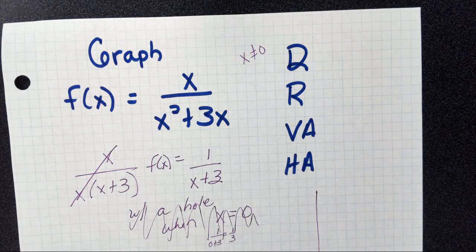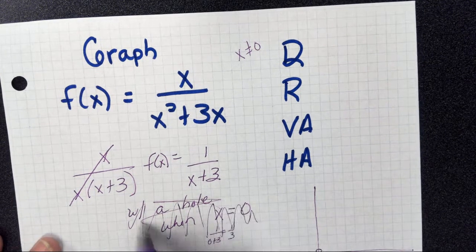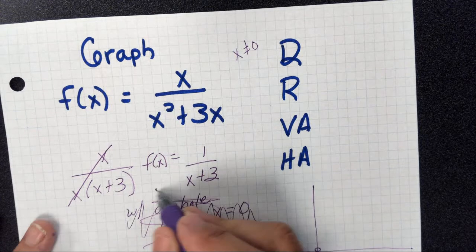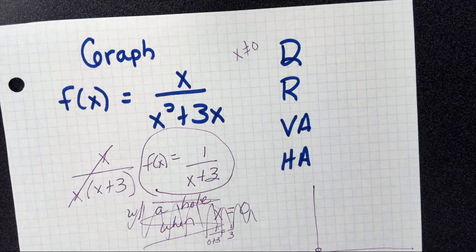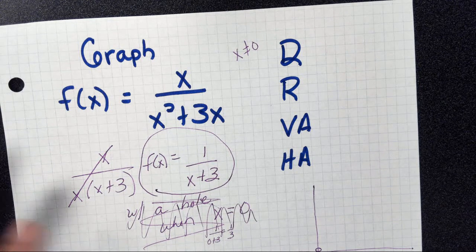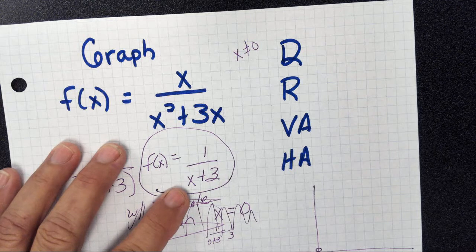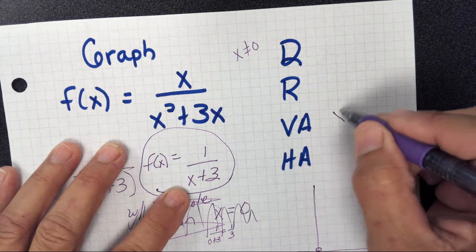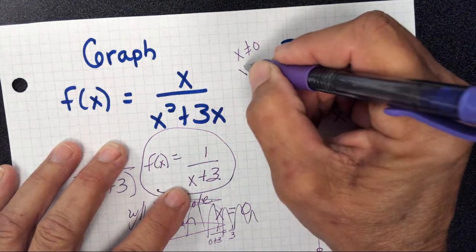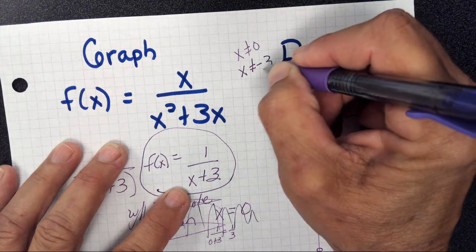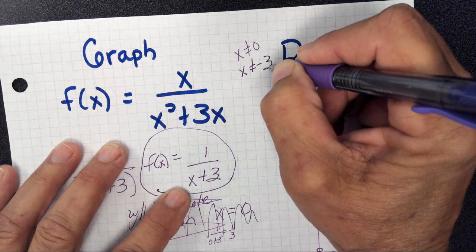Okay? So now we're just going to move on. Pretend this was the problem I gave you. We're going to pretend it's at the beginning of the class period yesterday. So I would say, okay, what's going to create my vertical asymptote? X equals negative 3. So remember, that means x cannot equal negative 3, right?